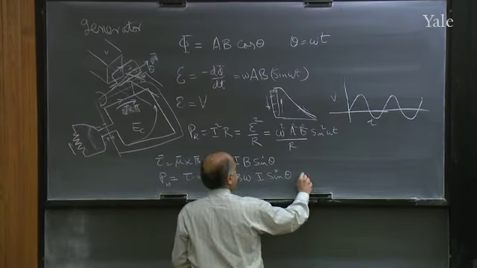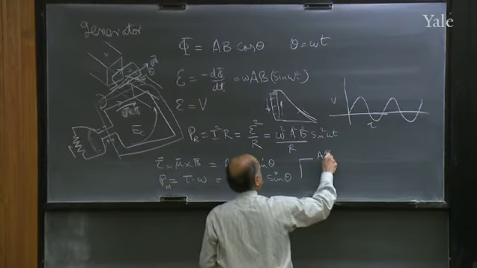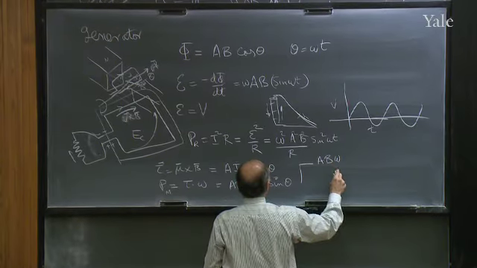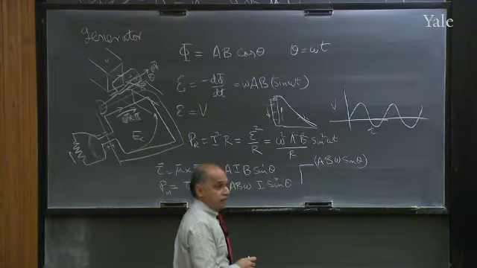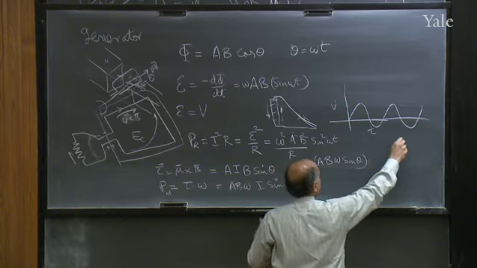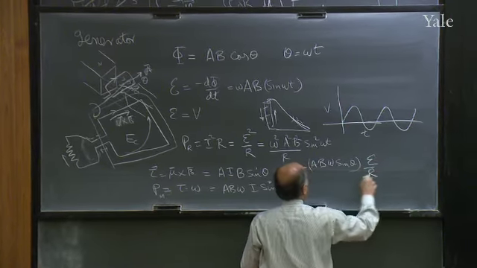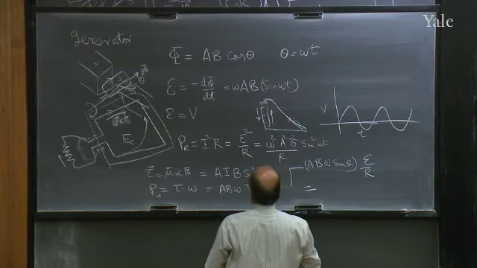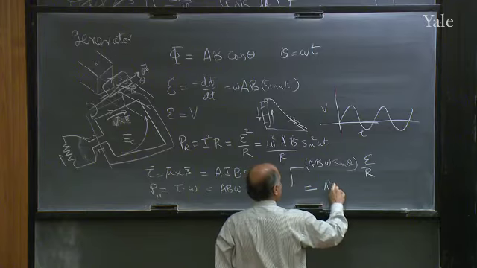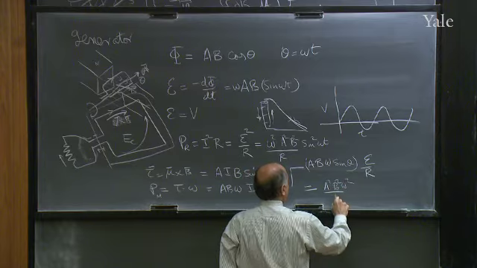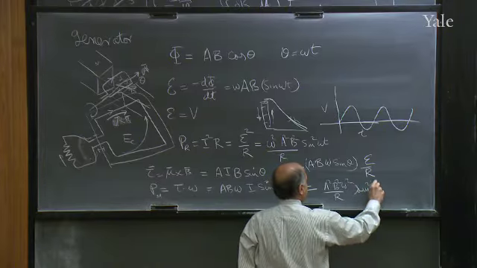But then that's equal to A B omega sine theta times I. What is I? The current in the loop is the EMF divided by R. And if you put the EMF I got for you somewhere, then you'll find it's equal to A squared B squared omega squared over R sine squared theta.